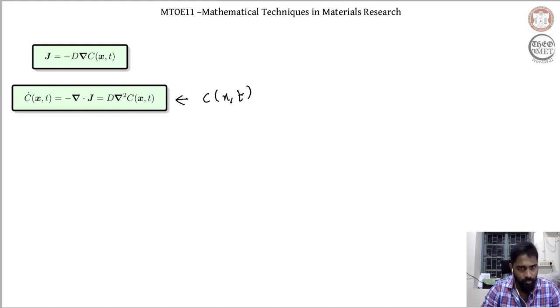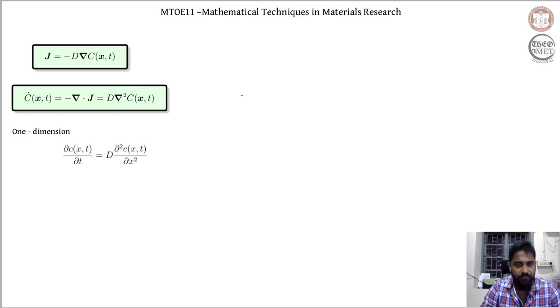Now in order to solve this, we will consider a simpler system, meaning a system that is one-dimensional. So if I consider the diffusion of carbon in a one-dimensional system, like the line that we considered in the original container, the change in concentration across that line with respect to time can be expressed in this way here.